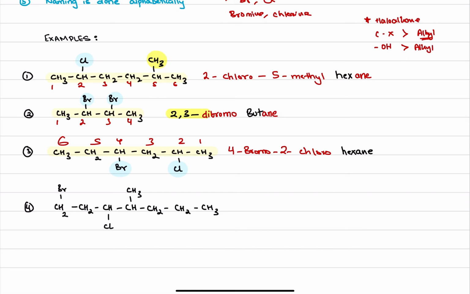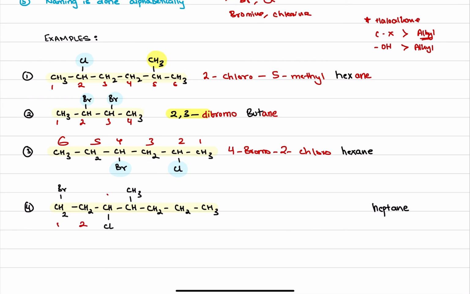Now let's do our last example, which is basically right over here. So in this case we have 1, 2, 3, 4, 5, 6, 7 carbons, and so that is hept. Okay, so I'm gonna write it just about here because we need more space for this naming. This is heptane because we can see it's a haloalkane. And now let's number this.